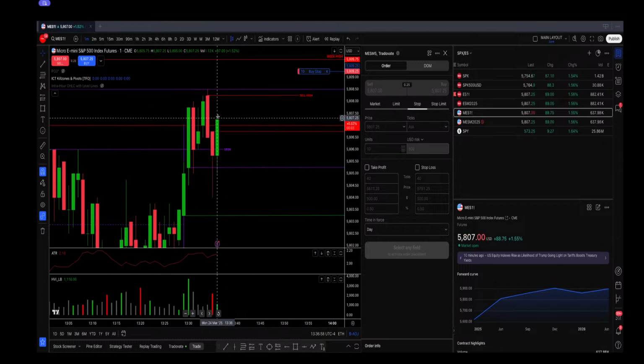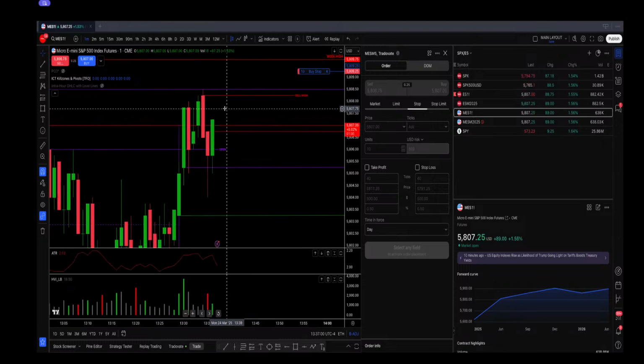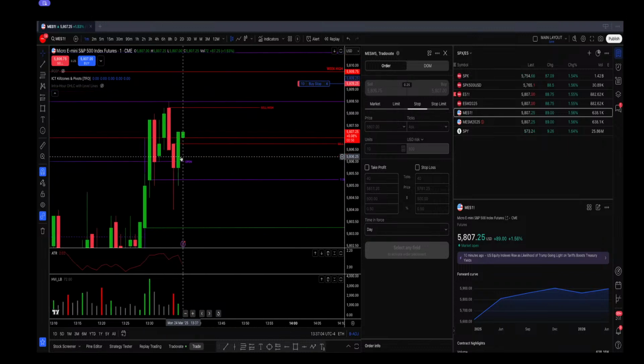This is trying to print as a buyer's candle, but it's not adding volume. It printed as such, but it's not buying. It's not really officially a buying candle for me.